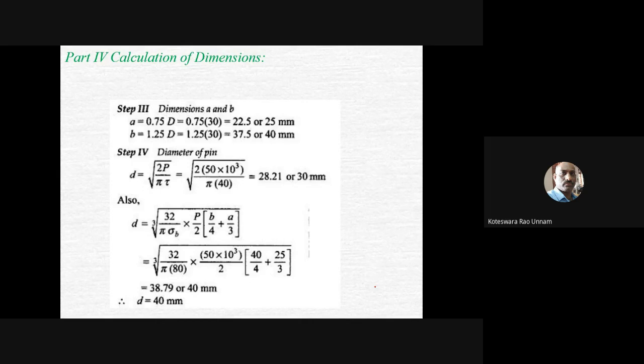Simply don't copy the values. You need to check the dimensions and the calculation, whether they are right or wrong, by calculating these values yourself.